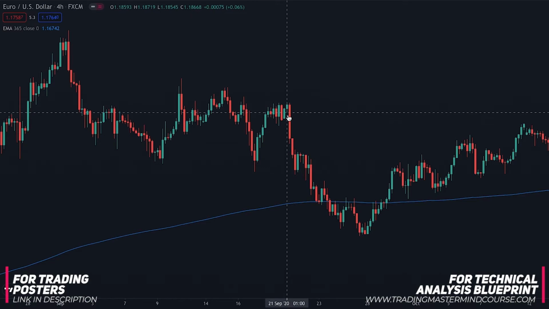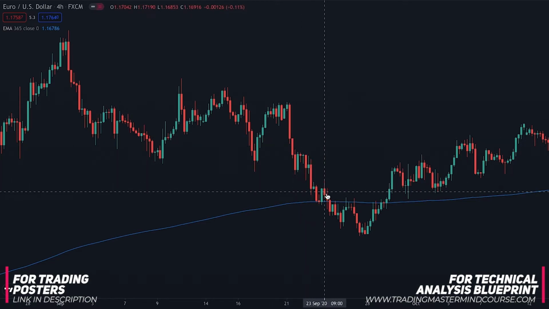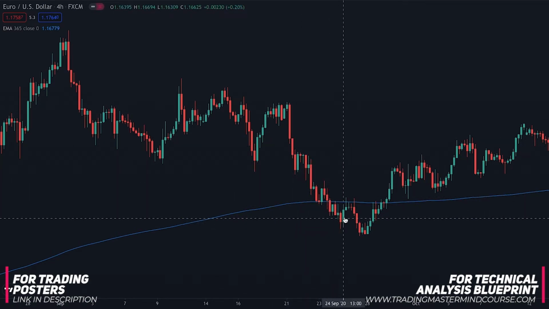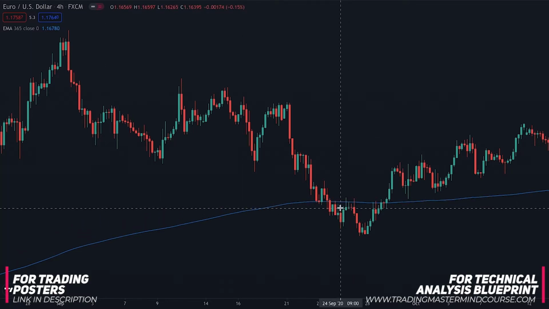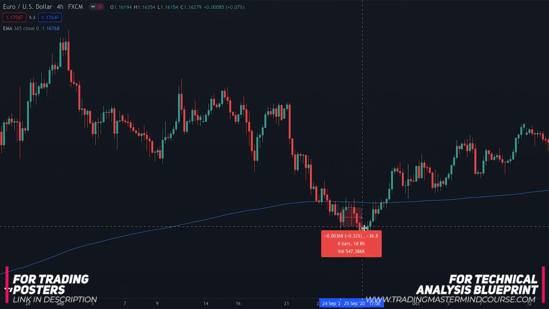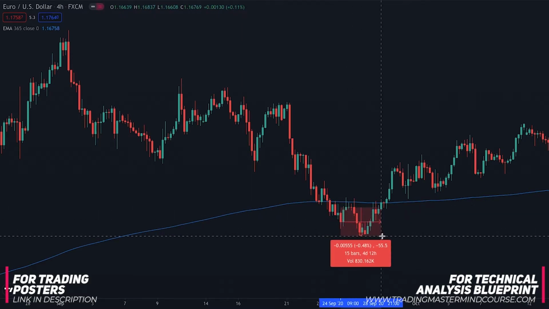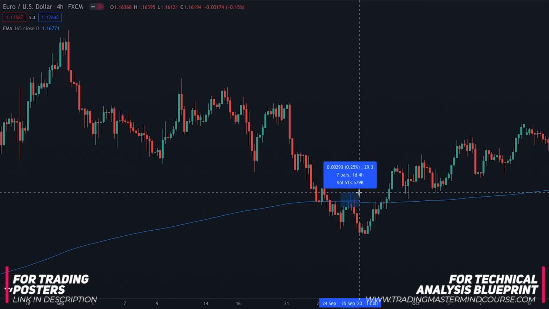So as you can see, price has fallen below the moving average and retested it with a beautiful candle signal. This gives us room for a 55 pip profit. Stops would not have been that big.